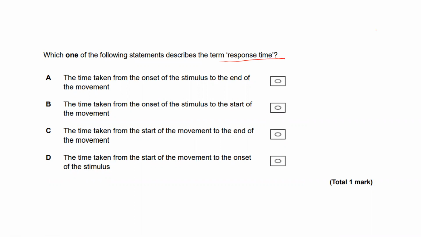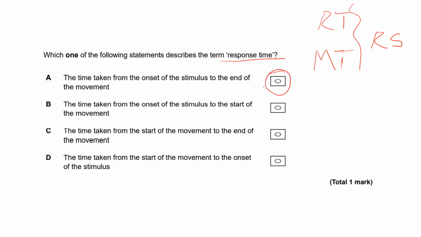So when we're thinking about response time, we also need to think about what that's made up of. So you've also got reaction time, then movement time, and it's the combination of them that is response time. So when you go through these statements, which one best fits that?